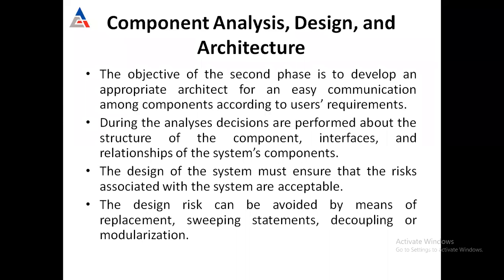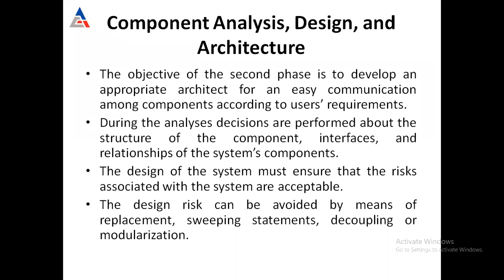You can say the previous component and the current component have some relationship, or it might be possible that the previous components have some relationship among themselves also. So we have to define all these things in the architecture of the system: what are the various components being used for the current software or project, how many are the previous components and how many are new components.